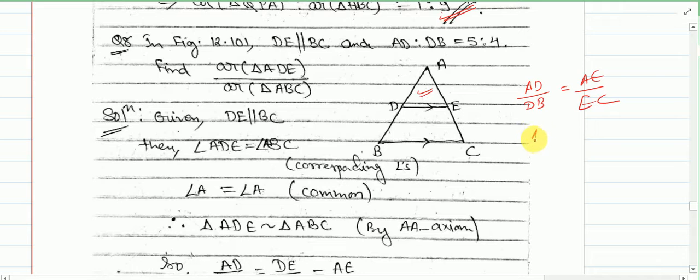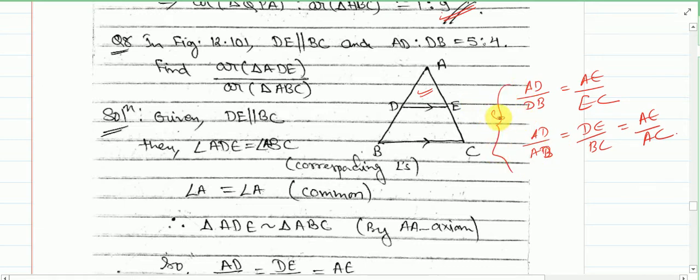So corresponding sides are going to be proportional. That means AD upon AB will be equal to DE upon BC equal to AE upon AC. Just because of DE parallel to BC, we are getting this information.